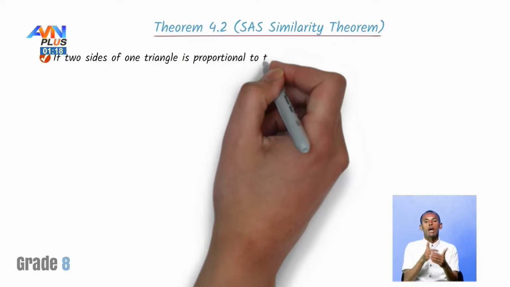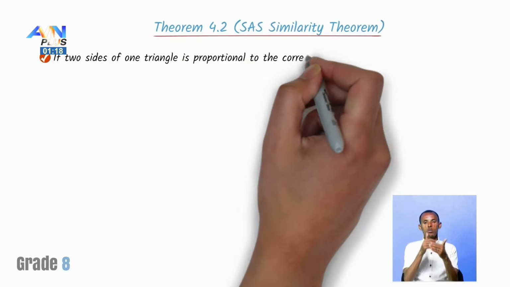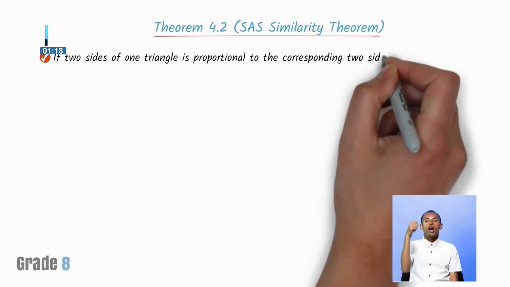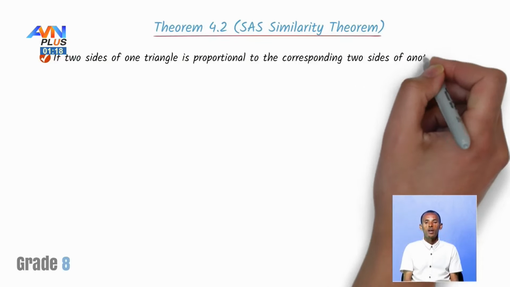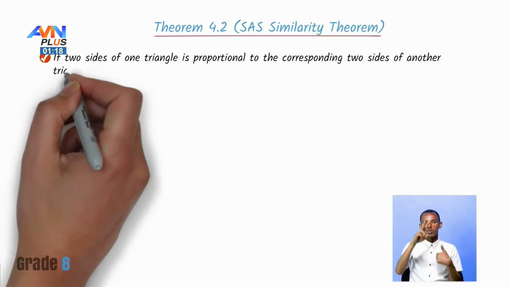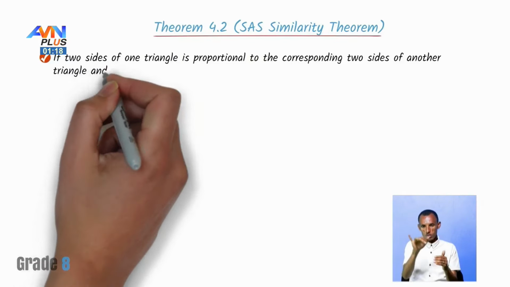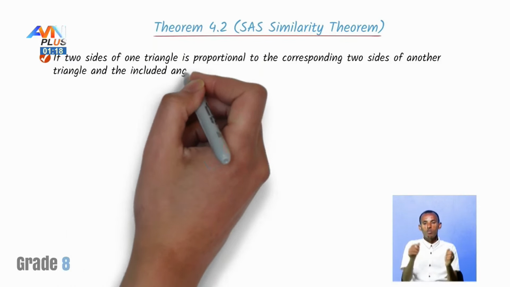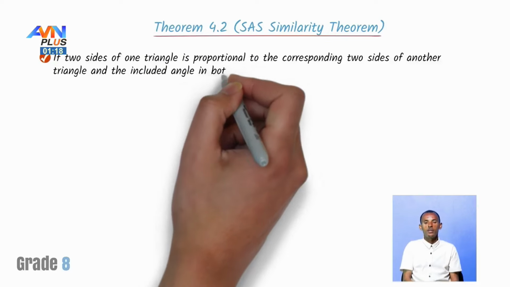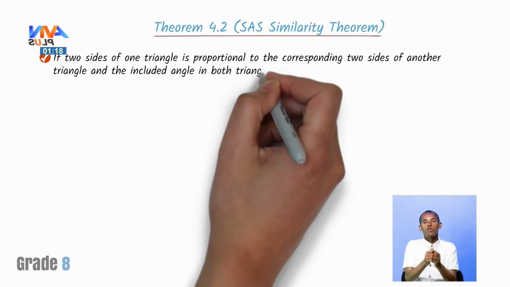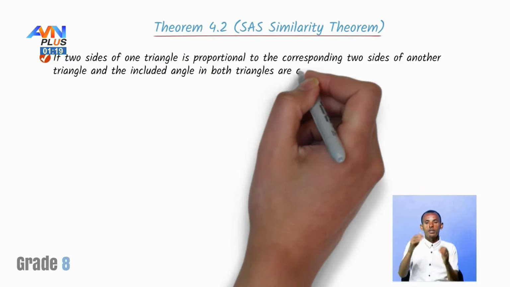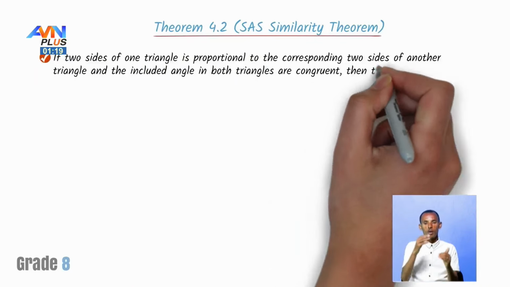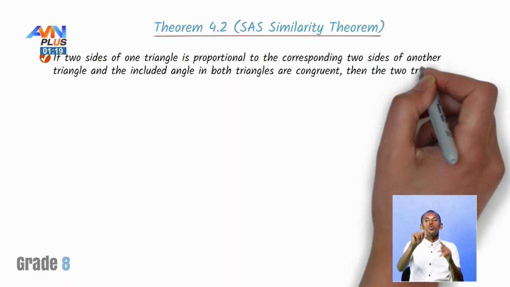Okay, this is one thing. We need to have two sides which are proportional to two sides of the other triangle, and the included angle in both triangles are congruent, then the two triangles are similar.